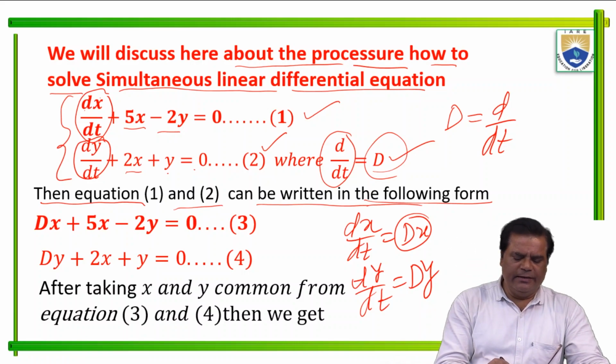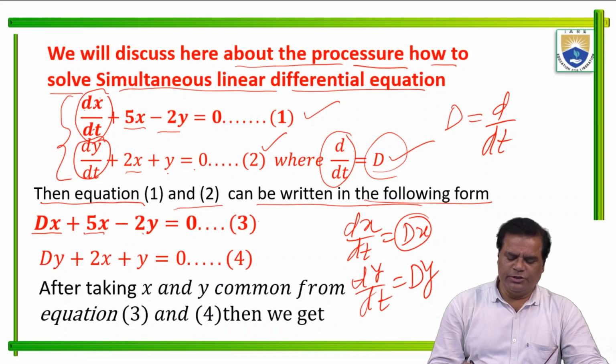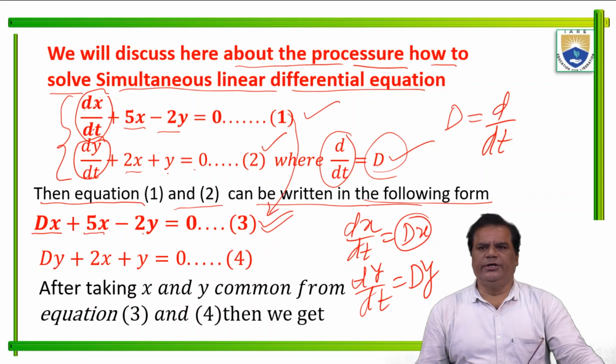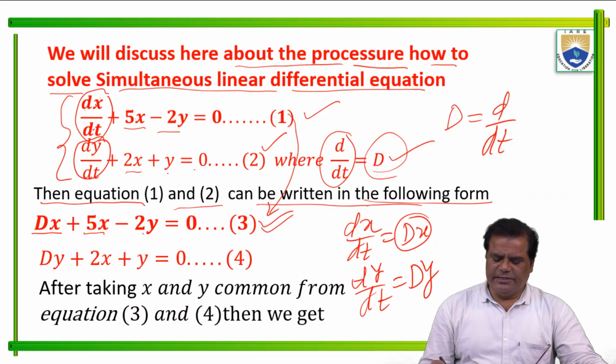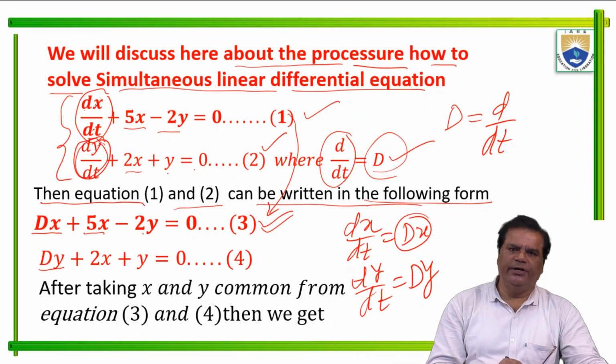So I am writing here dx over dt is Dx plus 5x as it is minus 2y equal to 0. This is equation 3. The first equation converts into equation 3. And similarly dy over dt is Dy plus 2x plus y equal to 0.